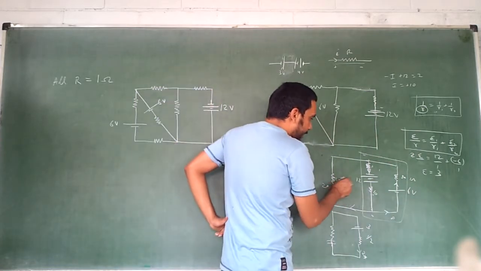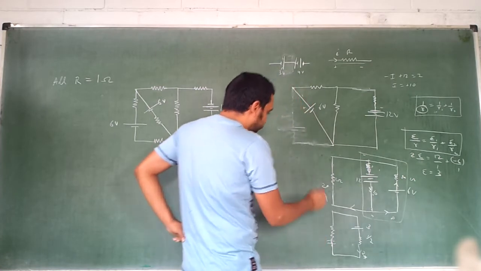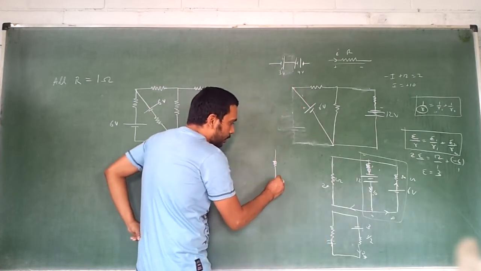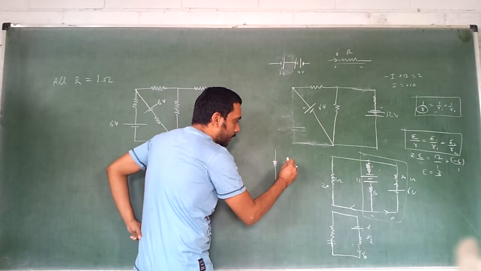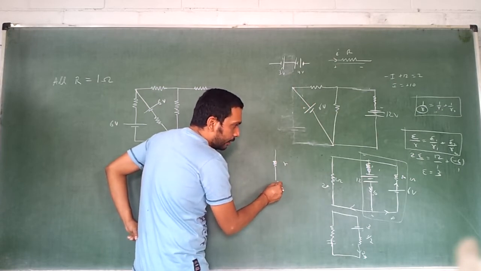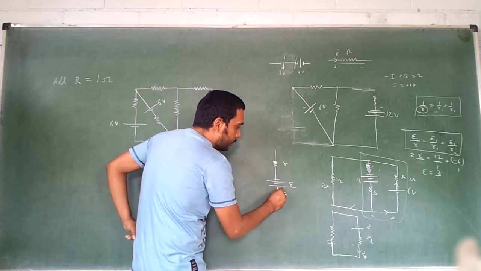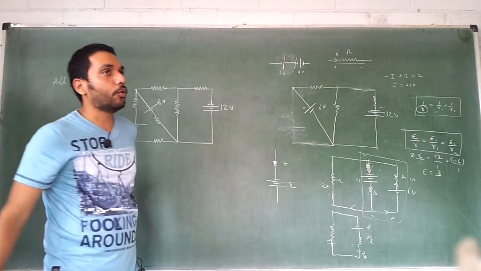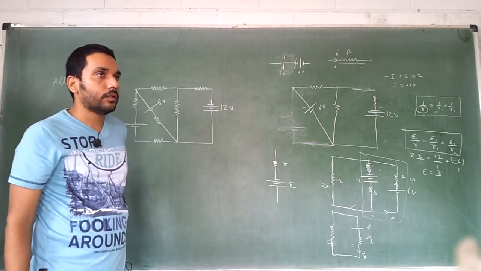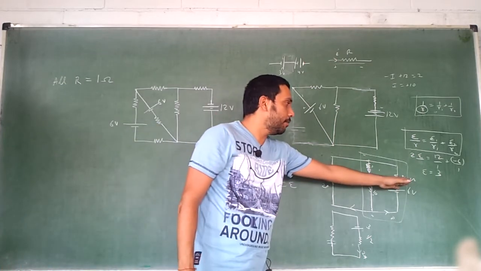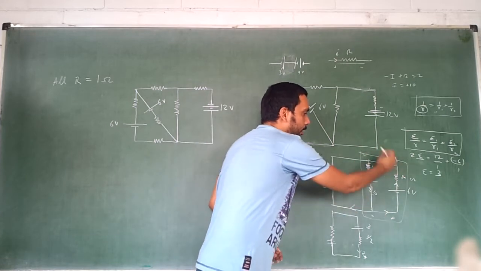If I say this is the battery, then equivalent becomes a certain battery of internal resistance R and say polarity downwards. So polarity downwards E, and it's an open circuit now. All the three have become a battery.